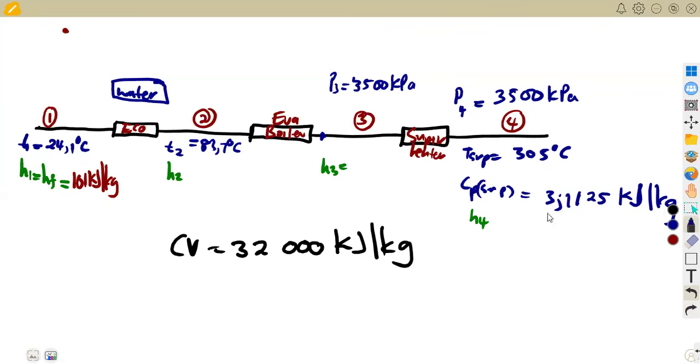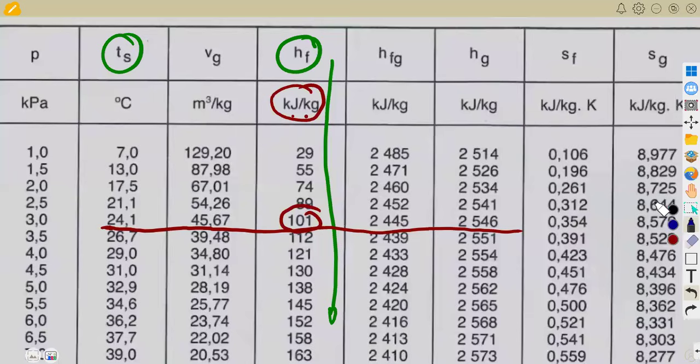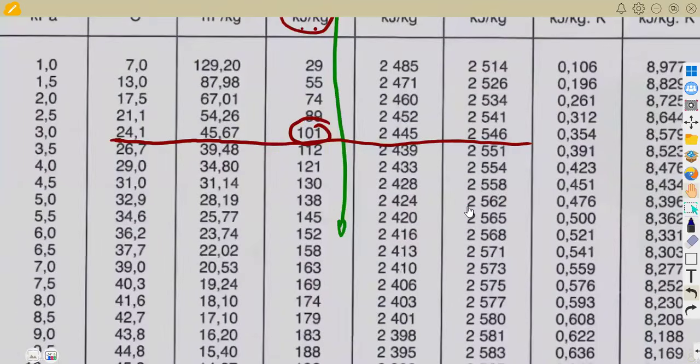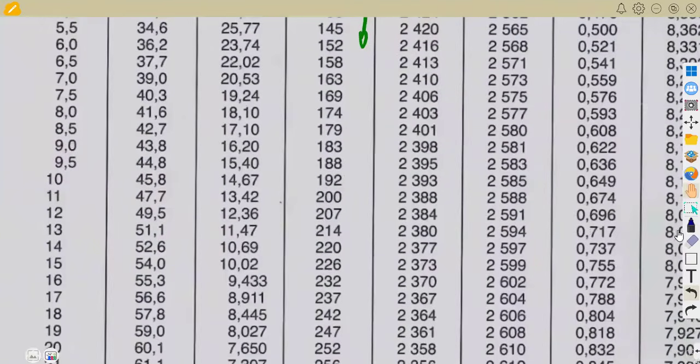We do the same thing for H2, because this is still water. So our H2 is also equal to Hf, but at this temperature of 83.7. The temperature was just increased, but it is still water, so it's going to be Hf again at this increased temperature.